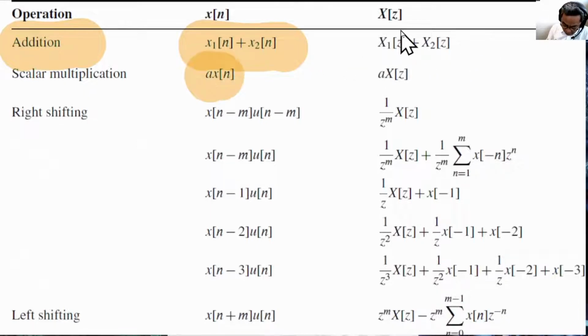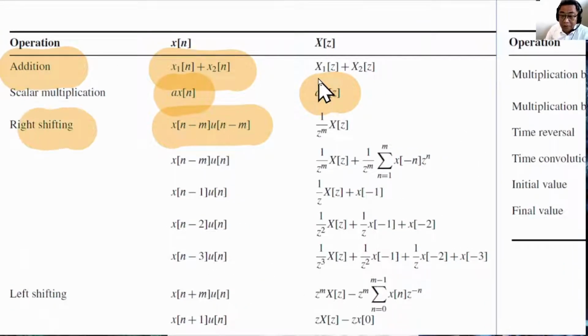For scalar multiplication, alpha times x[n], the alpha can be brought out. Now we have delay, right time shifting, where sometimes we prefer to write z to the minus m times X(z).